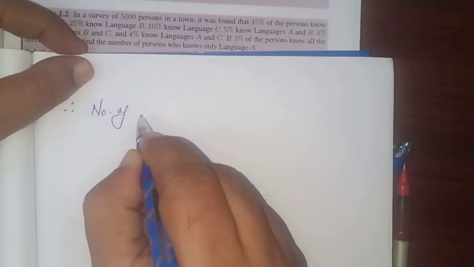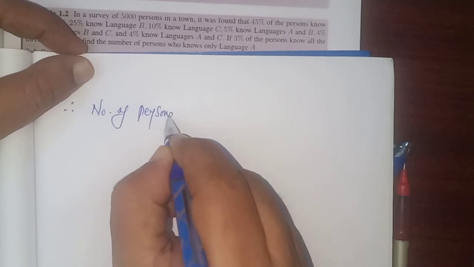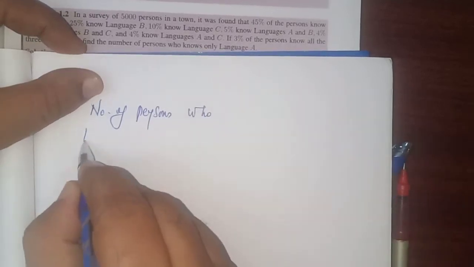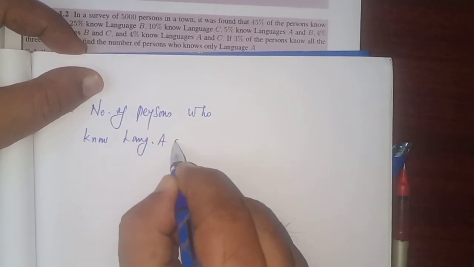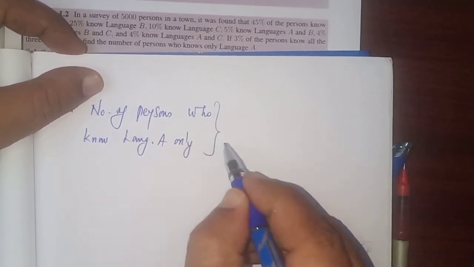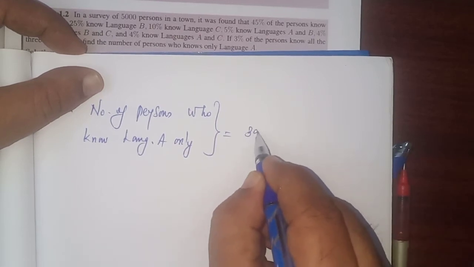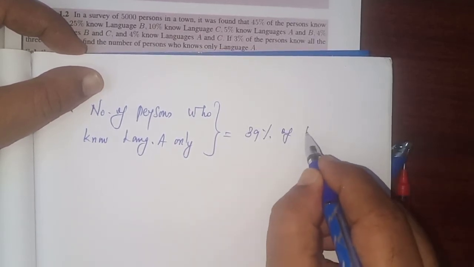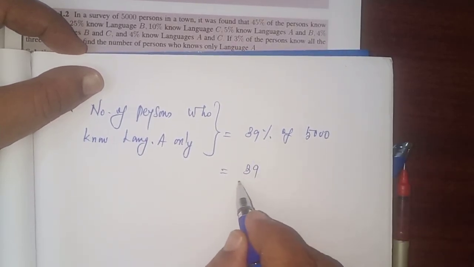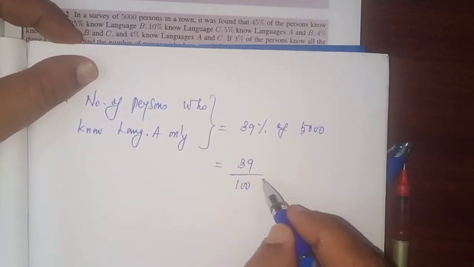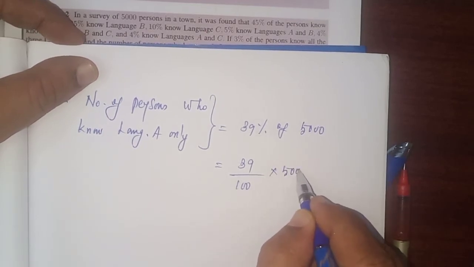Shall we write the final step? Therefore, number of persons who know language A only equals 39% of 5000, which equals 39 by 100 into 5000.